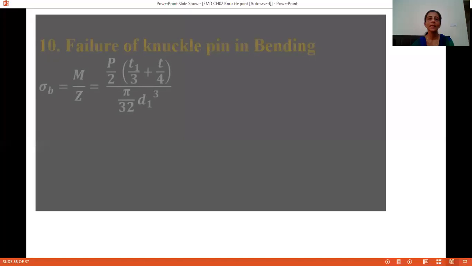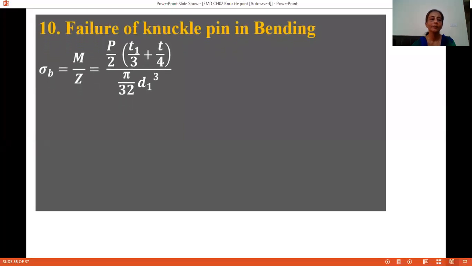Now we will see 10th step, which is failure of knuckle pin in bending. We will use formula of bending stress is equal to M upon Z. As we know, maximum bending moment equation for a pin is P by 2 into (t1 by 3 plus t by 4), and section modulus for pin is pi by 32 d1 cube.